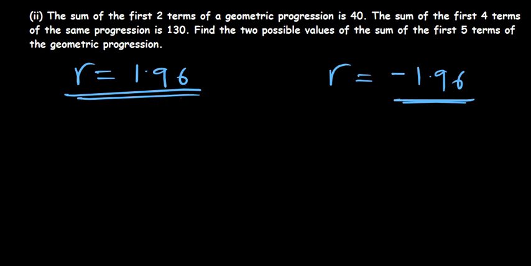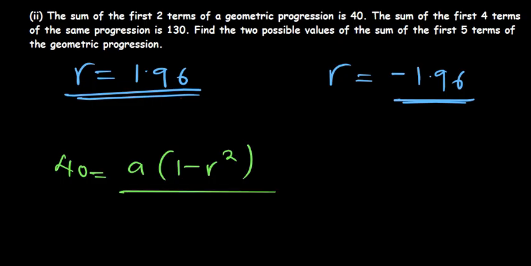So if you go back to the equations that we had, I'll get the simpler one. 40 is equal to a times 1 minus r squared over 1 minus r. Okay. So if I'm in your position, I can just go to a point where we had r squared. What did we have as r squared? 3.835. That was before determining the square root.